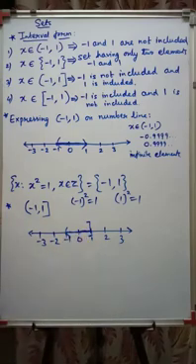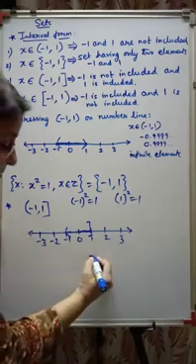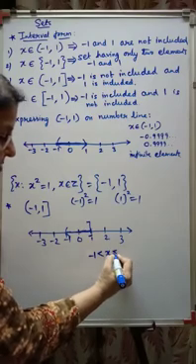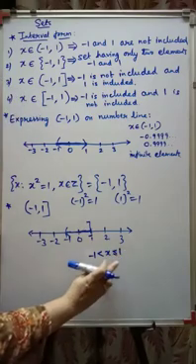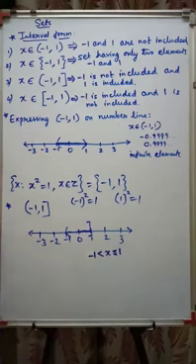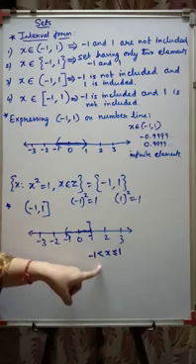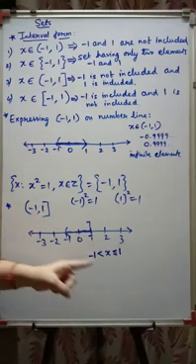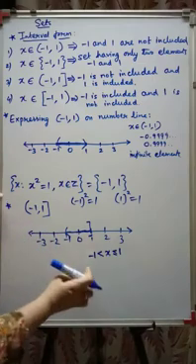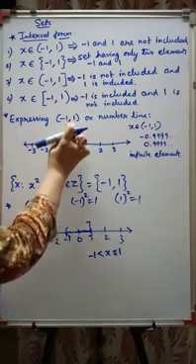If I want to write in another form, with less than or equal to, you can write -1 less than x less than or equal to 1. Equal to means included, not equal to means not included. So there are three ways to express this: on the number line, in interval form, and, you can say, the property method. How to write the open interval?